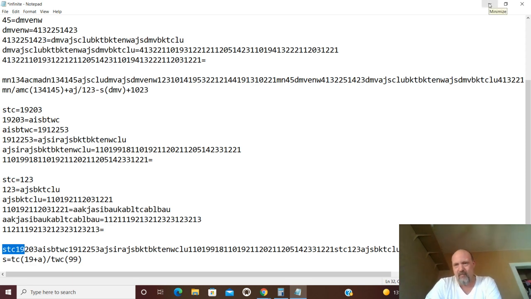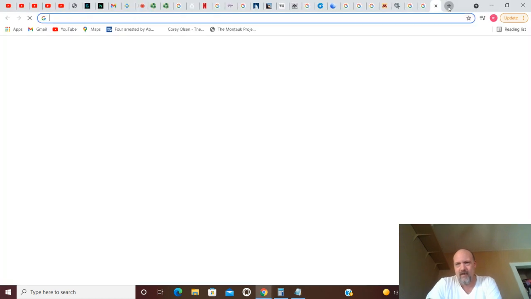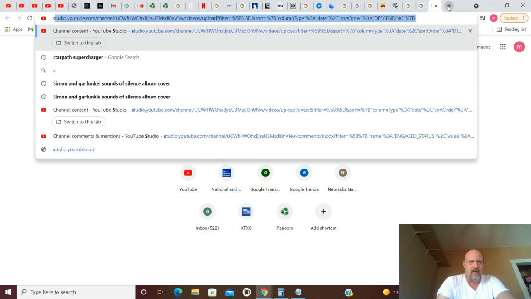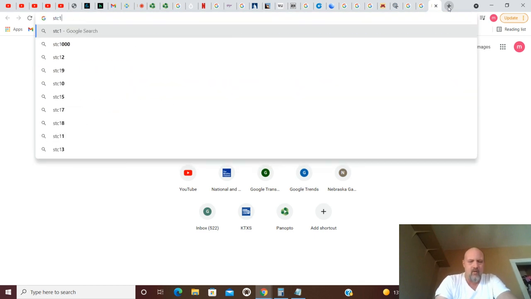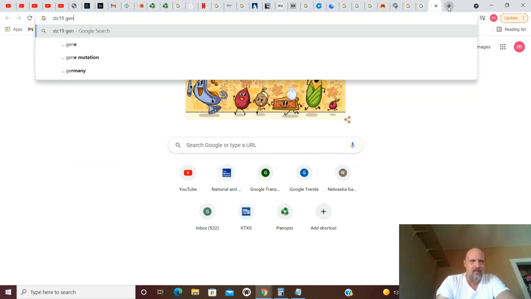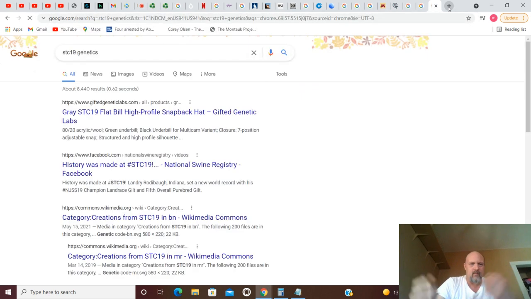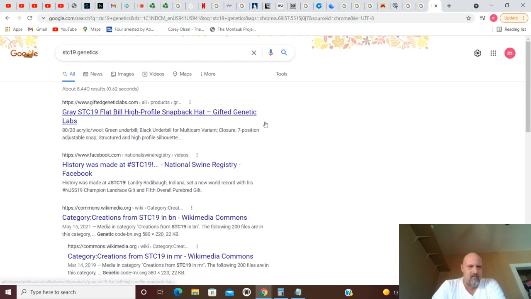STC19, I don't know. Let's just say STC19 genetics. I mean, who knows? Here, gray STC19 flat bill high profile snapback hat, Grifted Genetic Labs.